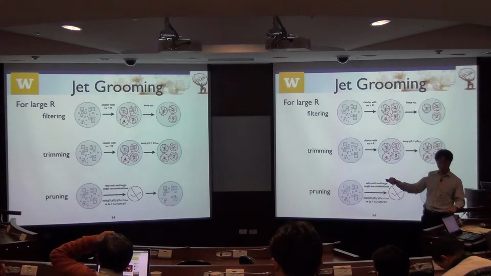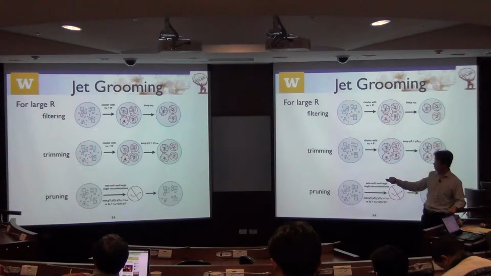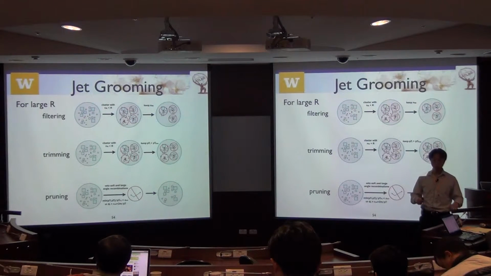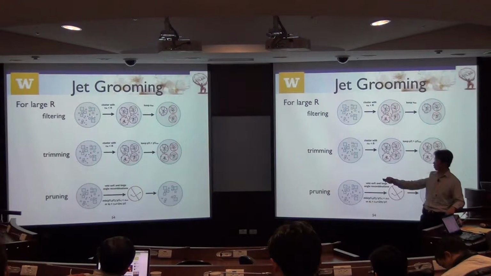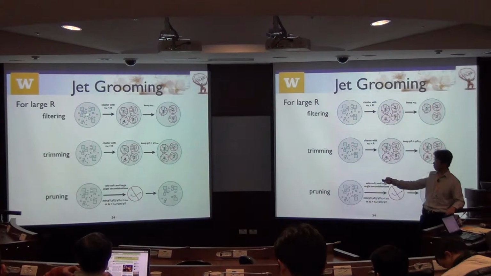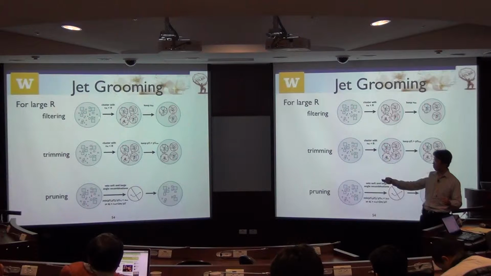A technique called filtering. So this is a jet which is composed of these jet constituents. What you can do is rerun your jet clustering algorithm, but instead of clustering to the very high radius, you can just run it with some smaller radius. Okay.